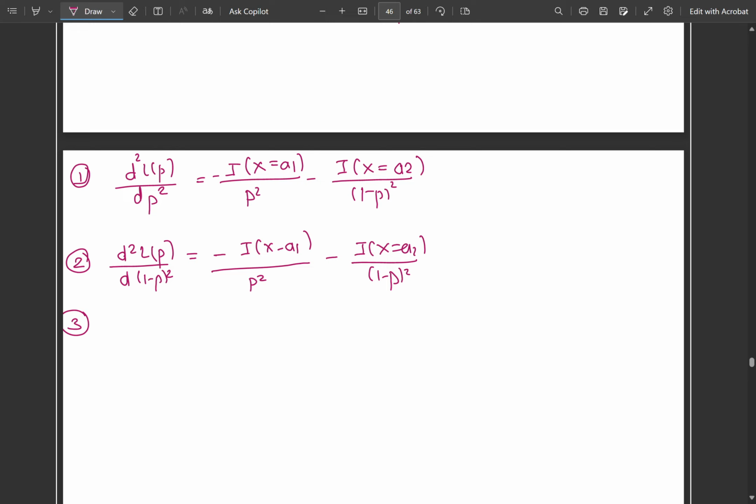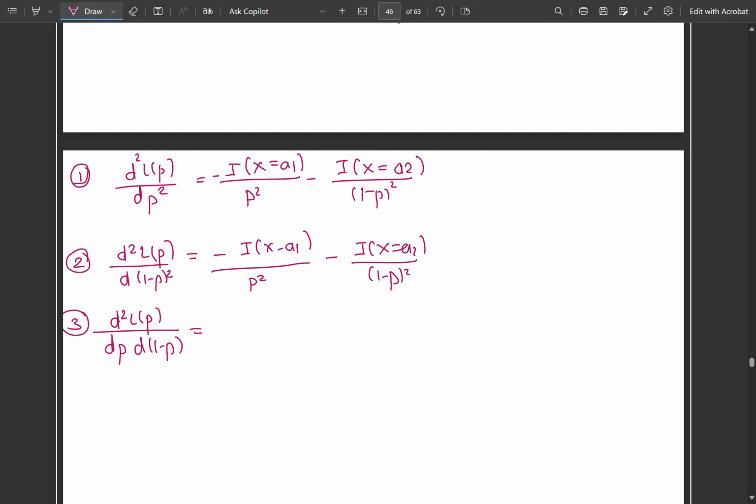What we're going to do is take the log likelihood of p and take the derivative with respect to p and 1 minus p. So it's going to be a second derivative, of course, with dp and d(1 minus p). What should this be equal to?